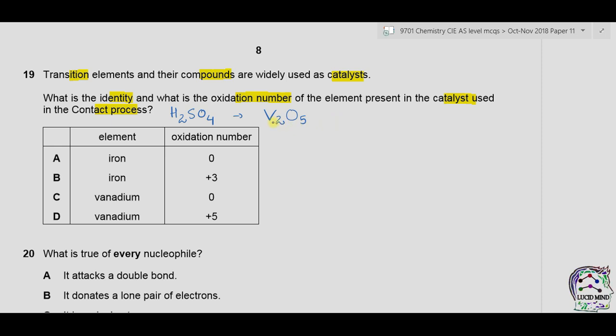Let's find out the oxidation number of vanadium. We have 2 vanadium atoms, 5 oxygen atoms, and overall charge is 0. For 1 oxygen the oxidation state is -2, so for 5 it will be -10. So 2 vanadium equals +10, or 1 vanadium will be equal to +5. Answer is therefore D.